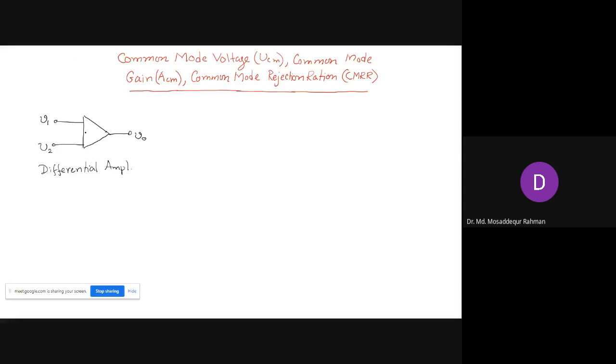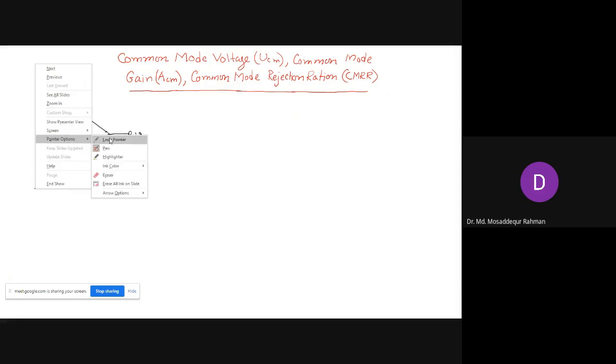The triangle is the symbol for the amplifier in general, and the differential amplifier has two inputs, same as the op-amp. The only difference is we take positive at V1 and negative at V2. In the op-amp we take positive at V2, negative at V1.